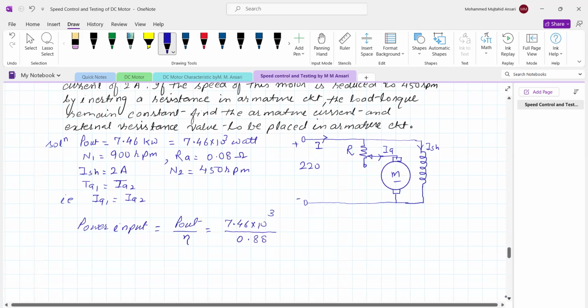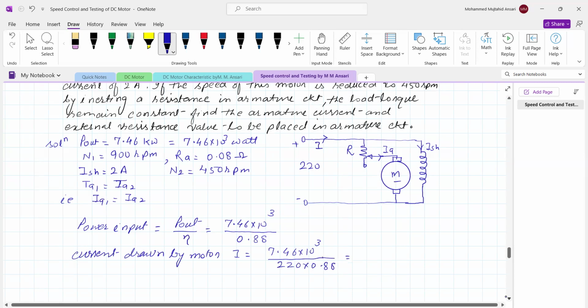So we can calculate the current drawn by the motor. I is equal to output divided by voltage. So it is 7.46 into 10 raised to 3 divided by 220 volt multiplied by 0.88.